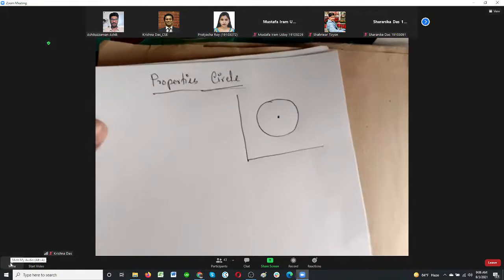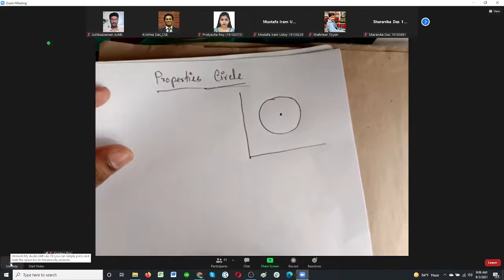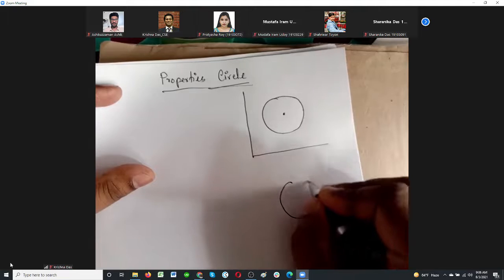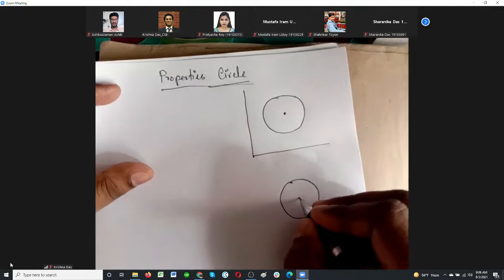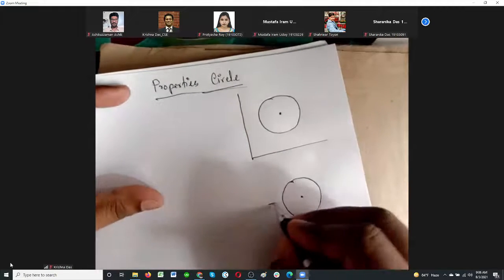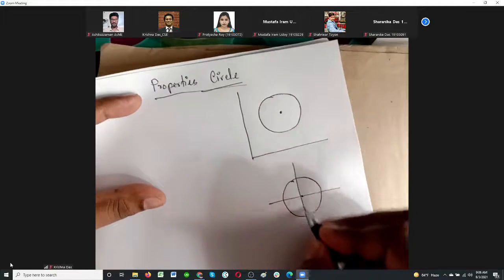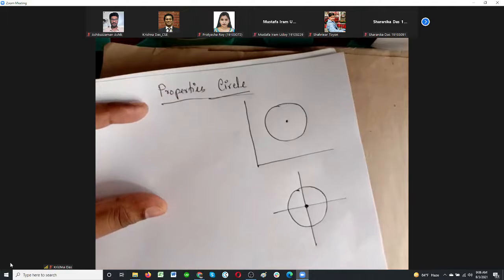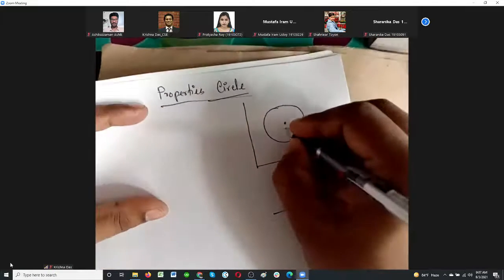We can also think about the circle like this.